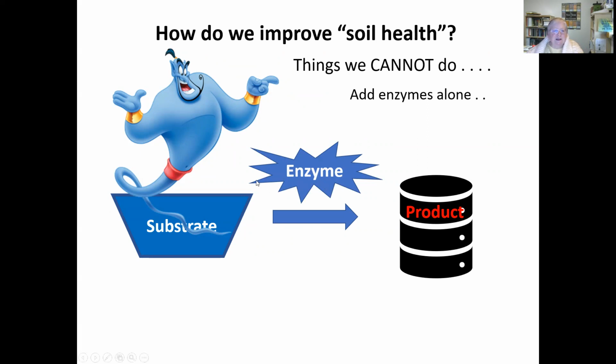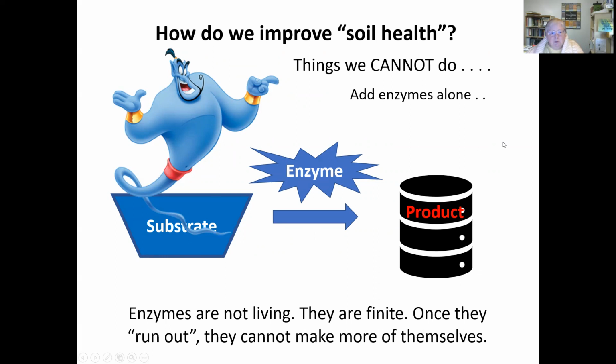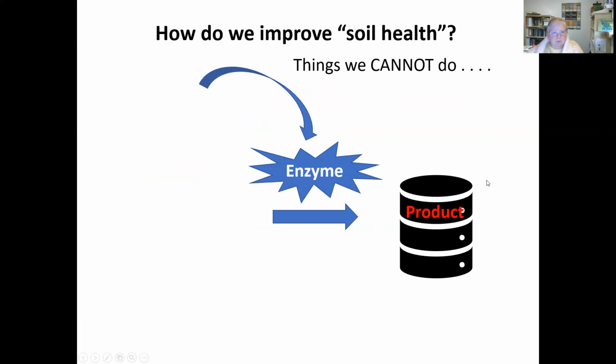If you add an enzyme, it will change the substrate into the product, and the plant may be able to use that. The problem with pouring in a bottle of enzymes is the enzymes are not living. They are finite. Once they run out, they cannot make more of themselves. So once the enzymes go through the reaction, they're pretty much dead.